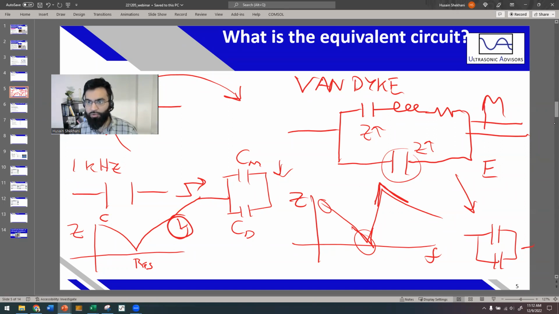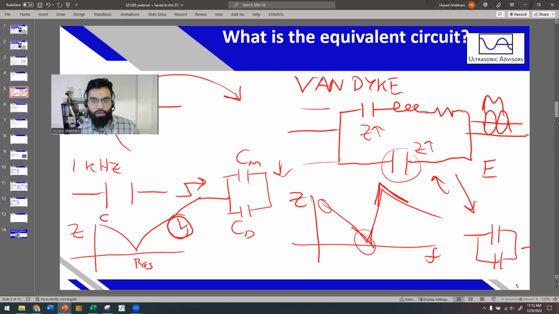But after the resonant frequency, the current coming out of the mechanical branch is like this. And the current coming out of the electrical, this bottom pure electrical branch, which just represents the clamped capacitance of your transducer for that resonant mode, is completely opposite. So that creates destructive interference between this mechanical branch and this electrical branch, and then therefore you have this high impedance because the two currents are canceling each other out.